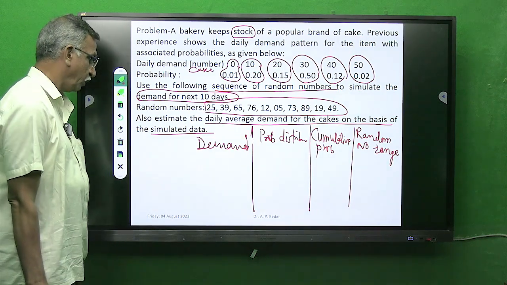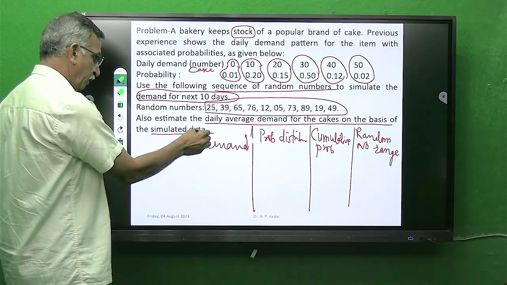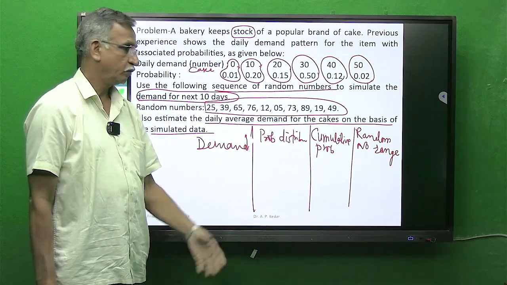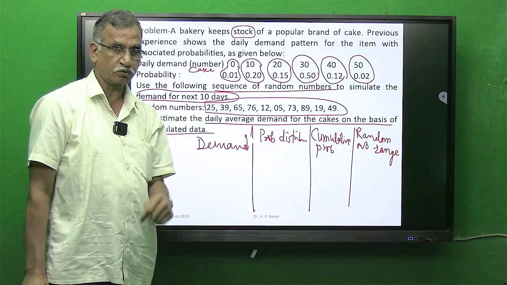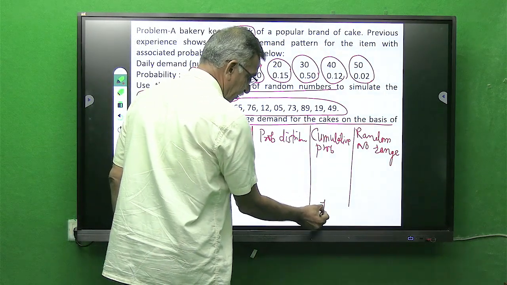See here now. Demand we know, probability distribution we know, and if we sum this it is going to be 1. Then cumulative probability will end with 1.